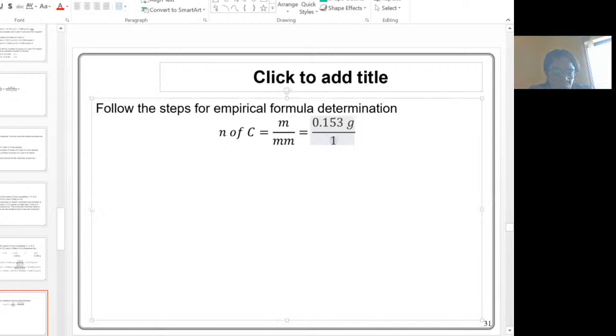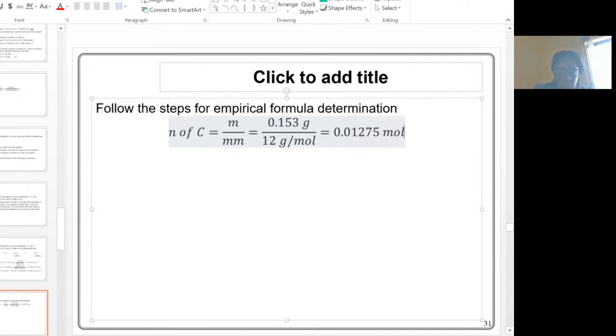The molar mass of carbon is 12 grams per mole. And that will give us the moles. So we just simply divide 0.153 divided by 12, and that will give us 0.01275 moles.